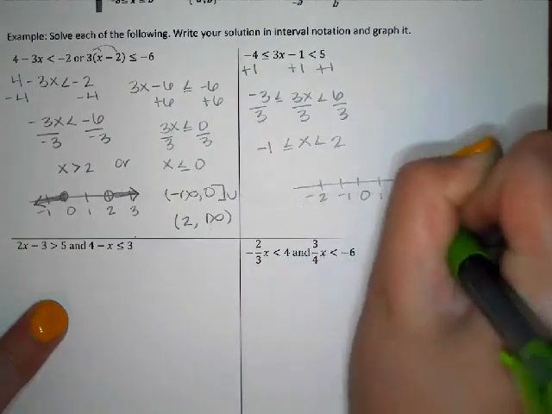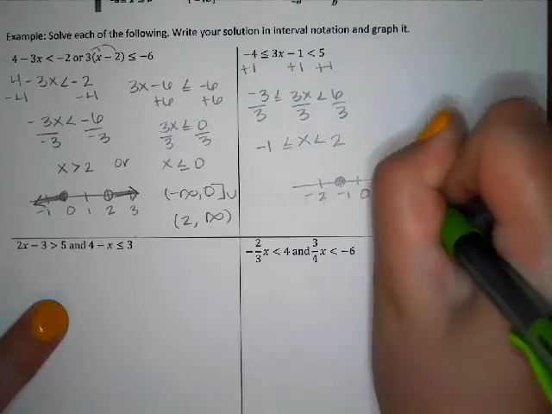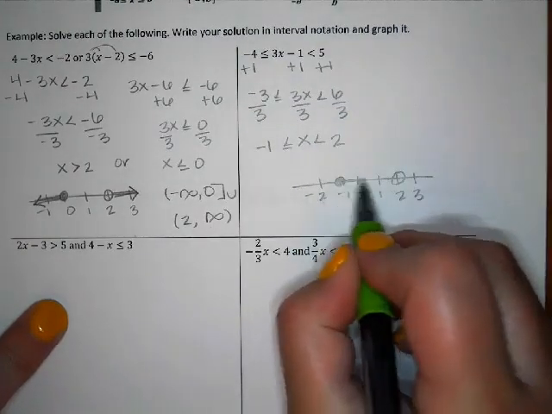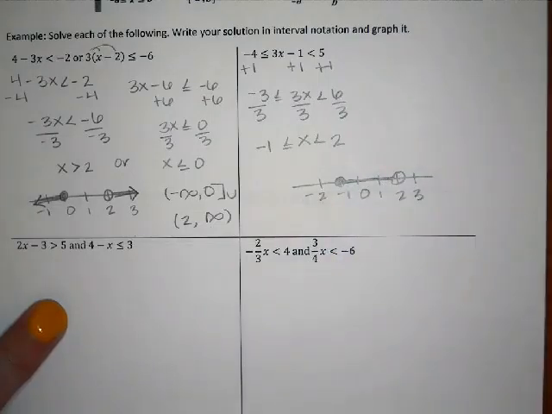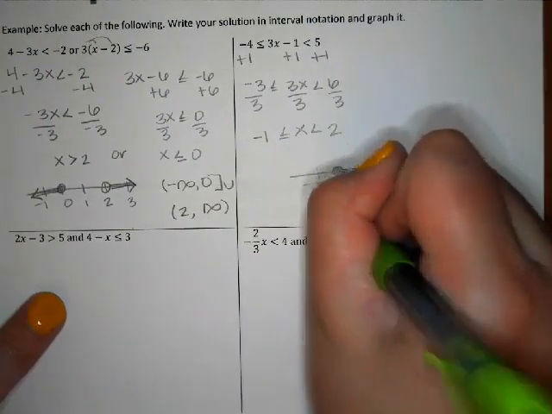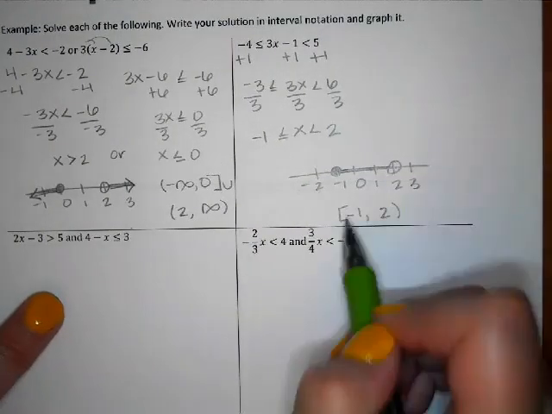So there's negative 1, there's 2, and our x value would be in between those values. So negative 1 to 2, somewhere in between those. You can equal negative 1, you cannot equal 2.